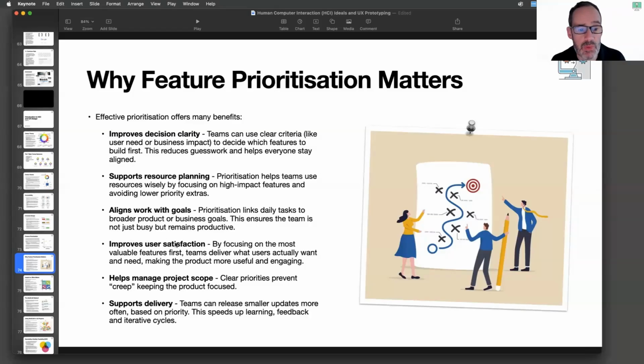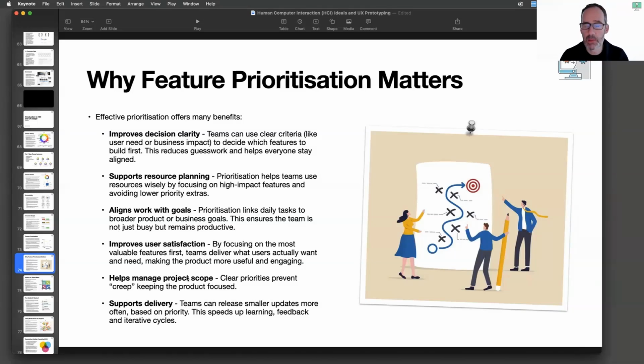It can help improve user satisfaction, and it can help keep your project on track and to prevent what they call scope creep. So scope creep is when the product or the design just keeps building and building, and it gets to a point where you can't actually manage the work.